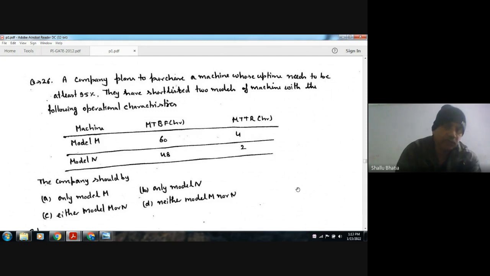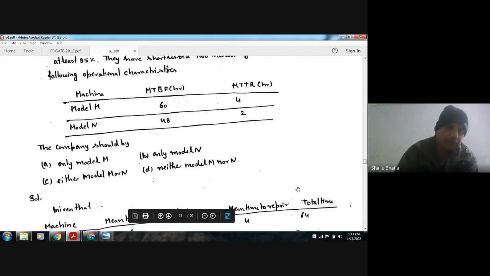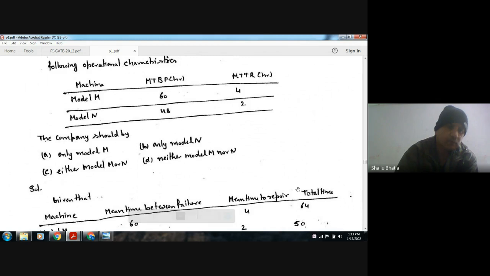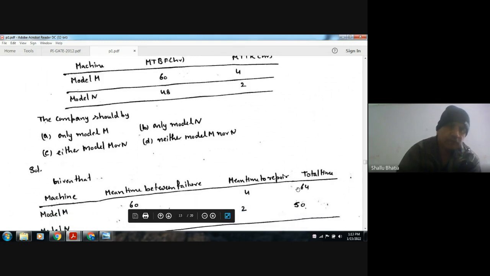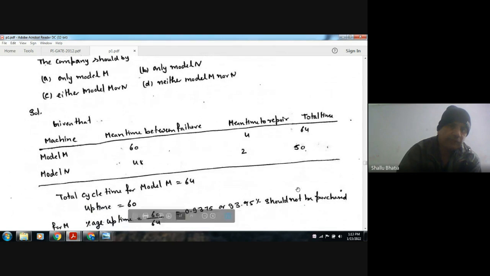Model M, MTBF, mean time between failures, 60 hours. Model N, MTBF 40 hours. Mean time to repair, MTTR, 4 hours and 2 hours. Okay. The company should: option A, buy only Model M; B, only Model N; C, either Model M or N; D, neither Model M nor N.